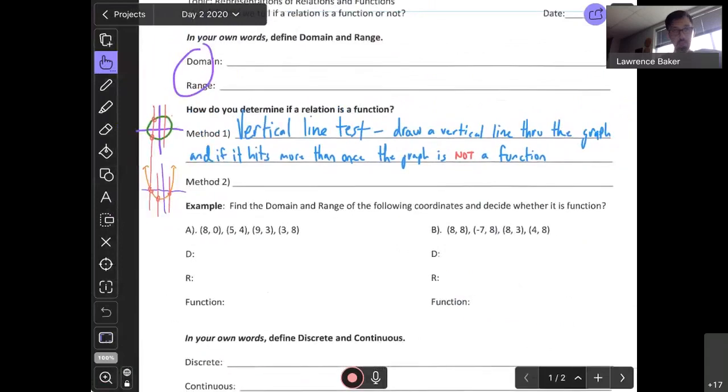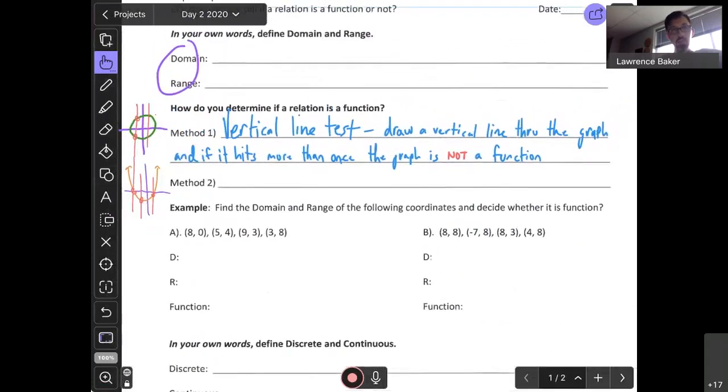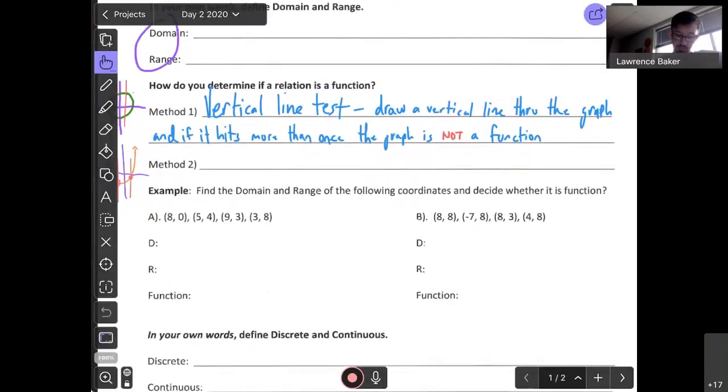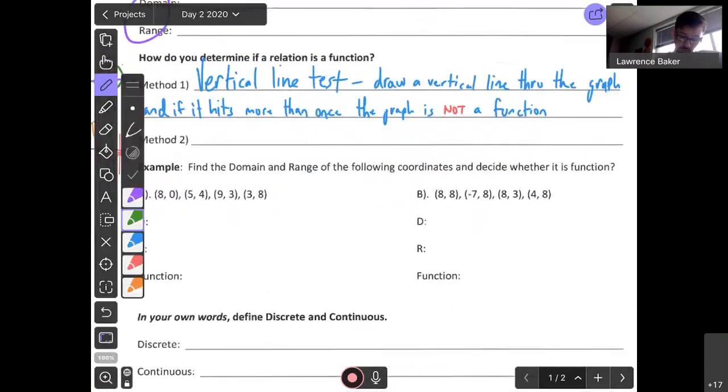The second way, so that's if you have a graph, you can test it with that. The second way is if you're given a list of points or data. If I had a t-chart or a set of points written out like this, we can look at it and tell if it's a function or not. What you're looking for there are repeated inputs.